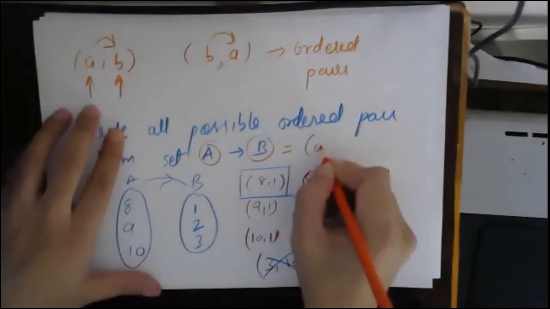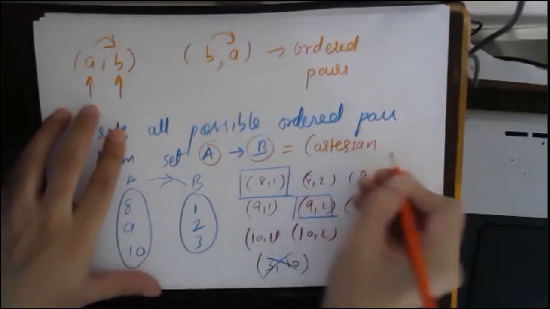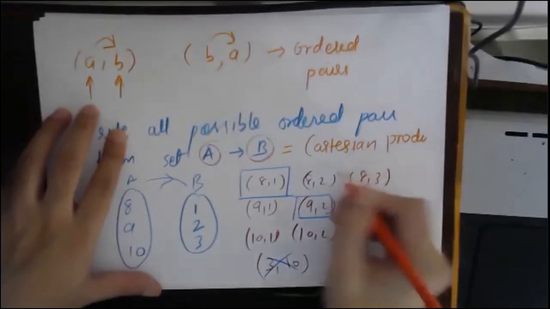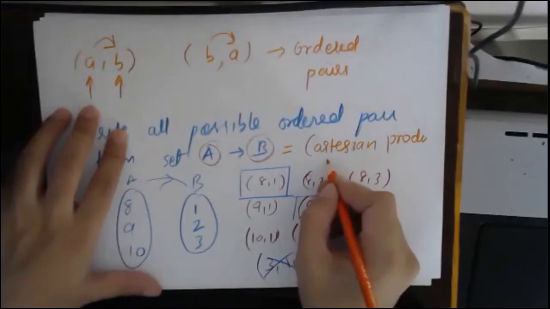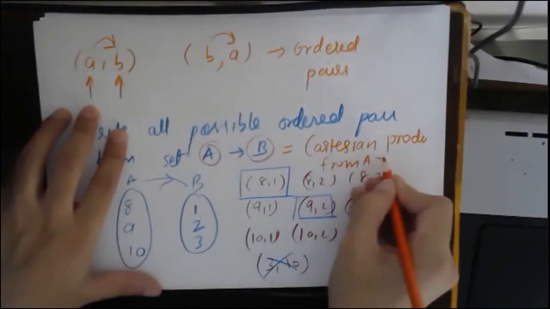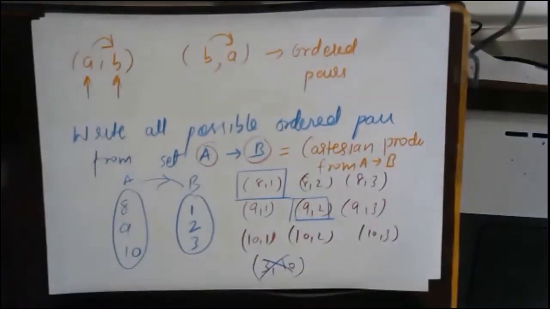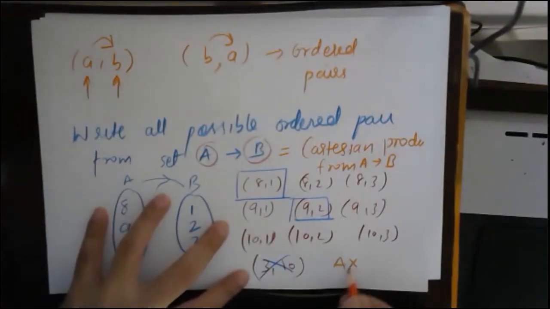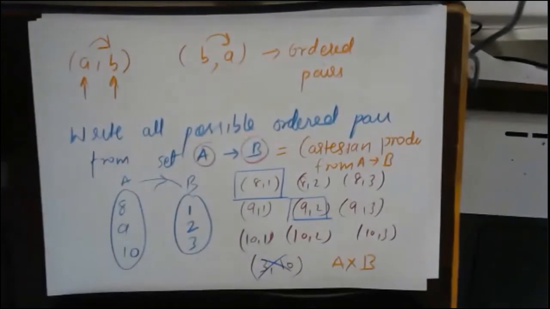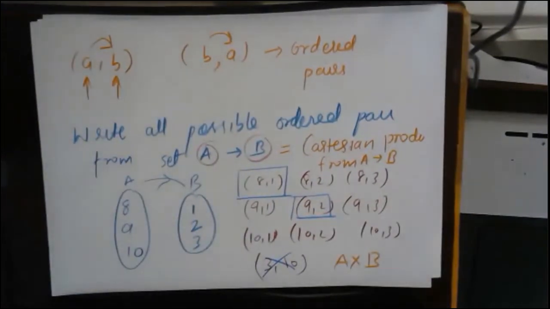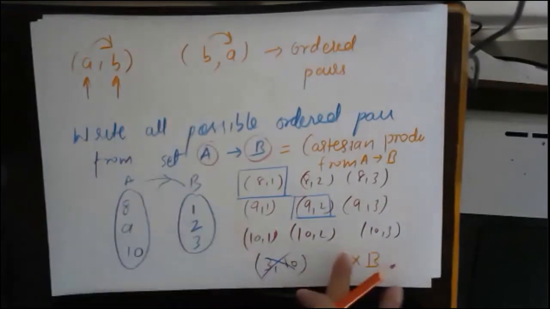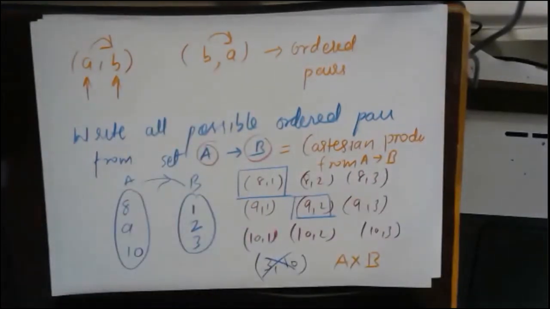This is called the Cartesian product from set A to B, and it is represented as A cross B. Nothing fancy. Just this thing has been given a name. That's it.